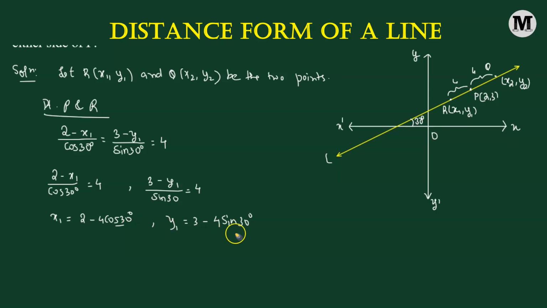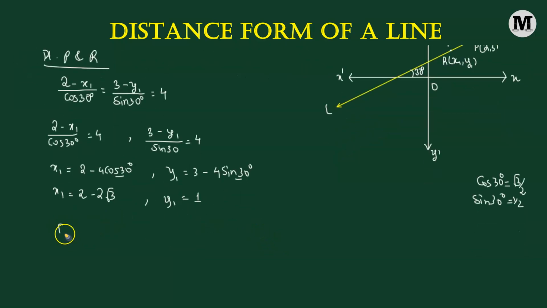Cosine 30 and sine 30 have standard values: cosine 30 degrees is square root of 3 divided by 2, and sine 30 degrees is 1/2. So x1 is 2 minus 2 times square root of 3, and y1 is 3 minus 4 times 1/2, which is 3 minus 2, that is 1. Here we have successfully obtained the coordinates of the point R.